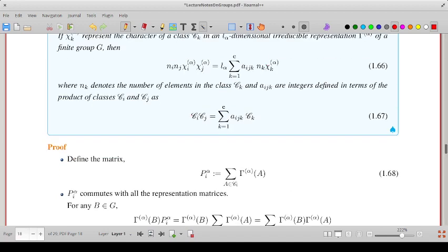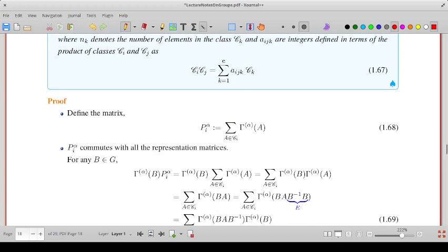So to prove this property, we define a matrix Pi alpha, where i corresponds to the class index. For a given class Ci of the group and for a given irreducible representation gamma alpha, we consider the elements A of the class Ci.